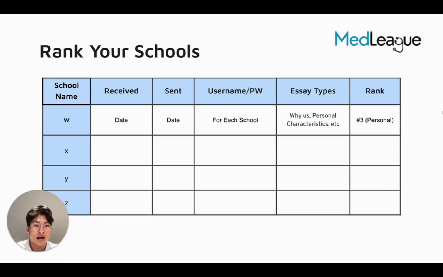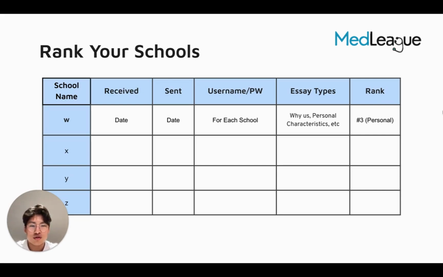Optionally, you can put the essay type, so do they ask why us or why this location? And I had a username and password section because you're going to get a different username and password for every secondary. Believe me, it adds up. Hard to remember them all, right? So make sure you're recording them somewhere. A lot of times the requirements are different for each, so you may have different passwords and usernames.